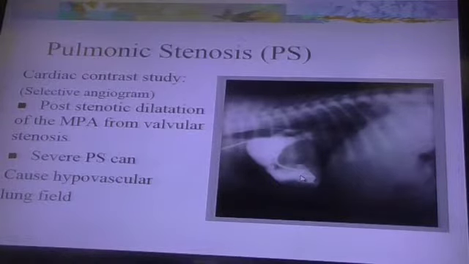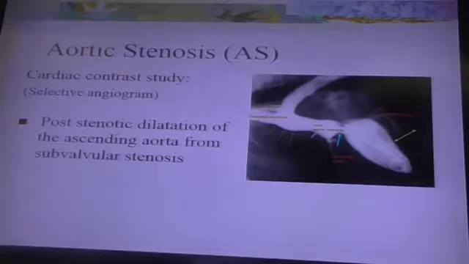Then what happens with the vessels? They become smaller than normal because there's not enough blood flow leaving the right ventricle into the outflow. So that's what I mean when I say severe pulmonary stenosis can cause a hypovascular lung field, but typically you see a normal lung field.